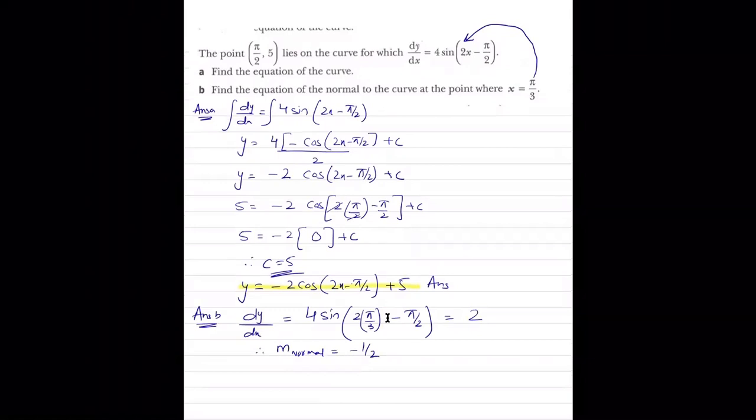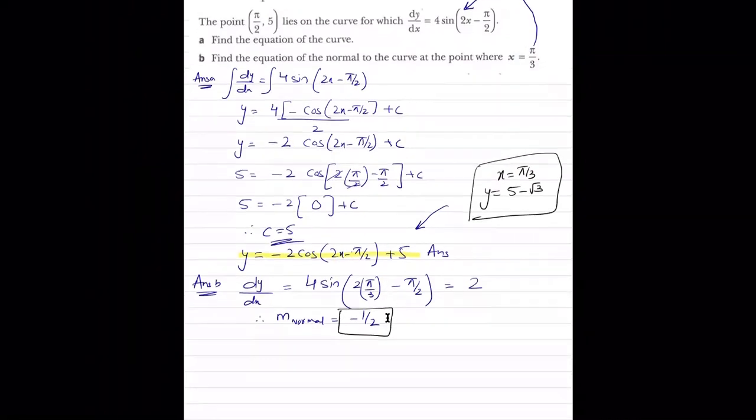Also, we need to identify the point when x is pi by 3. We have the equation of the curve, right? So when x is pi by 3, what is y equal to? When you plug in x as pi by 3 in this equation, you're going to get y as 5 minus root 3. So this is the point, this is the normal gradient.